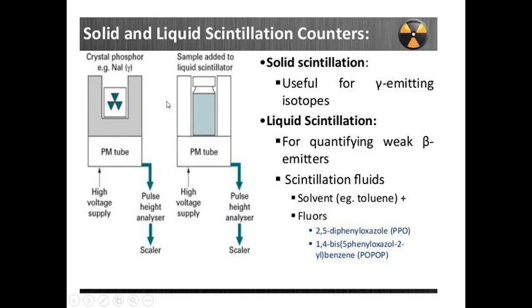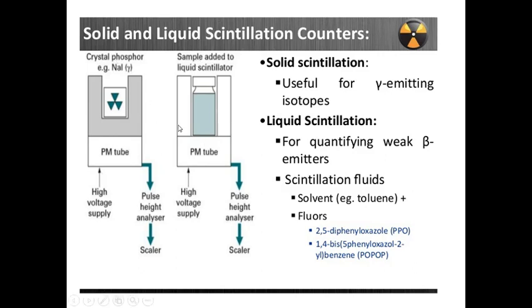And this one is the liquid scintillation counter. The solid scintillation counter is useful for gamma emitting isotopes, means the radioactive element which emits gamma radiation, the radioactivity of such an element we can measure by the solid scintillation counter.